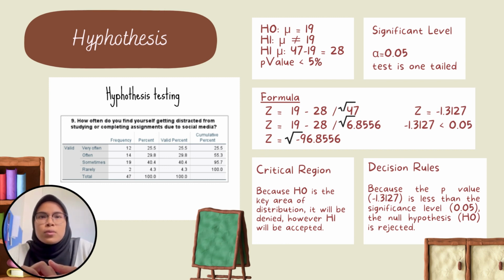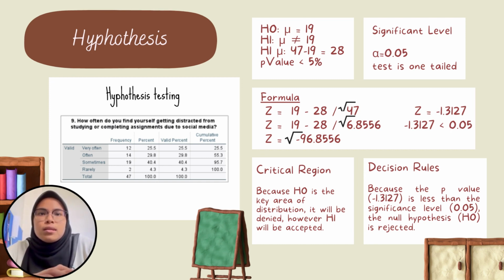For the null hypothesis, the number of respondents who were found to be distracted from studying and completing tasks due to social media, and the alternative hypothesis is the number of respondents who were found not to be distracted from studying and completing assignments due to social media. For the null hypothesis and the alternative, the population mean is 90.